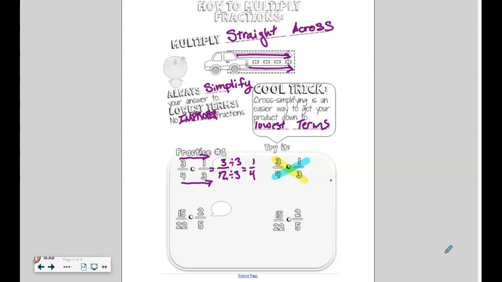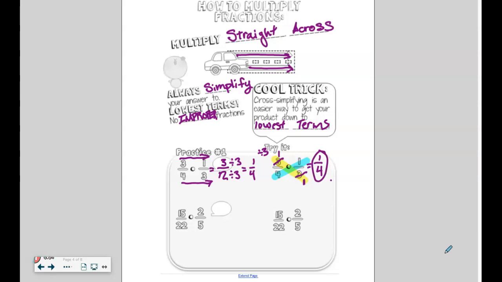So we would divide them both by 3. 3 divided by 3 is 1. 3 divided by 3 is 1. Now we can multiply straight across because 1 and 4 don't have any common factors. So 1 times 1 is 1. 1 times 4 is 4. So we get 1/4 still, but we simplified before we multiplied.